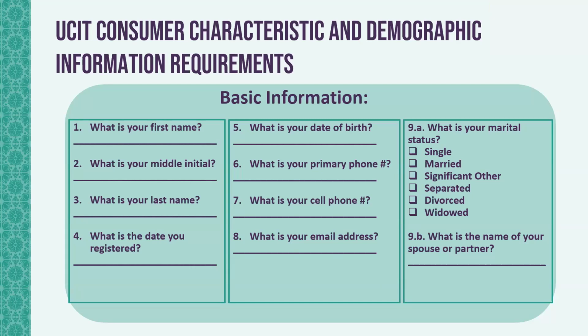And there are some questions on the basic information, demographic information, a sheet for each consumer, that we, the state, have chosen to add to this assessment so that, yes, we can capture the full situation of the consumer.